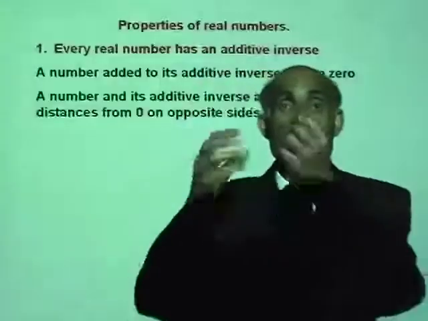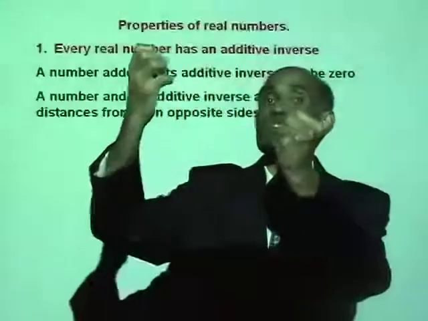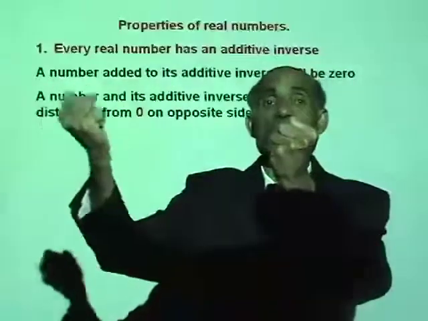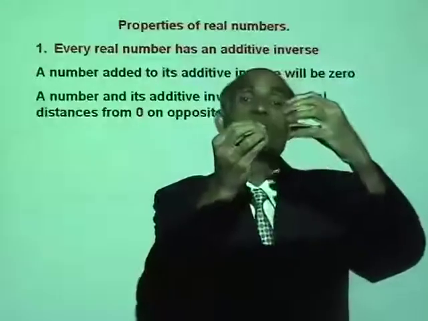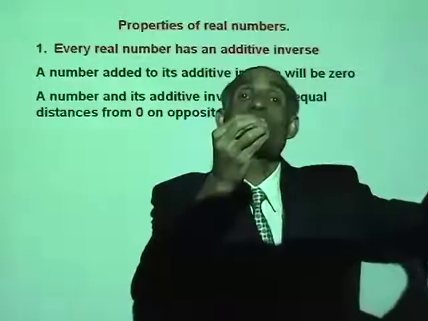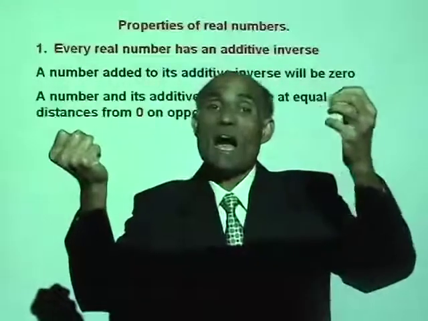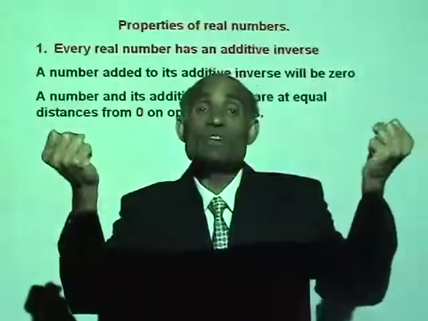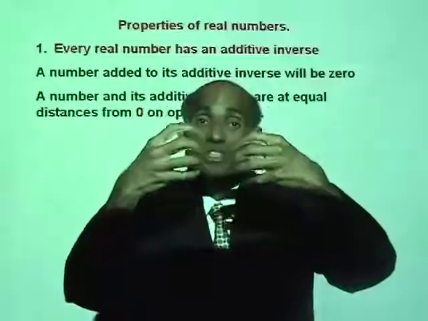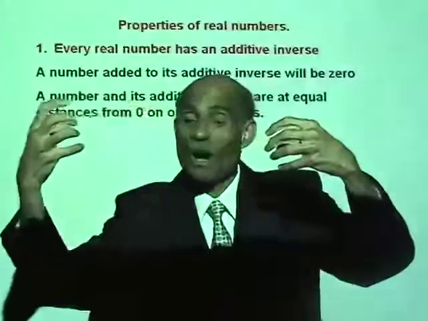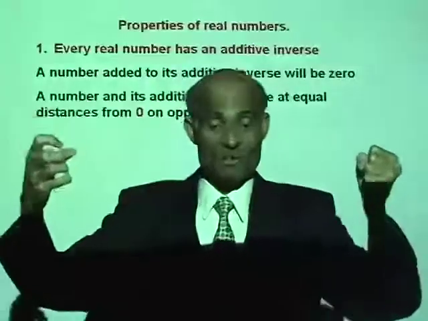Is that right? 20 is 20 units to the right of 0. Negative 20 is 20 units to the left of 0. You see? A number and its additive inverse are at equal distances from 0, one on the right and the other on the left.